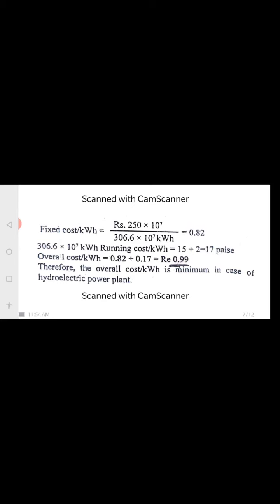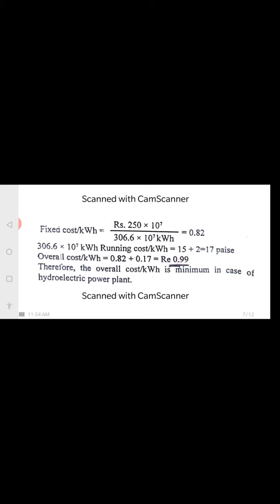With the average load of 350 megawatts, the power generated per year is 350 into 8760 hours, which becomes 306.6 into 10 raised to 7 kilowatt hours, that is 306.6 crore units per annum.